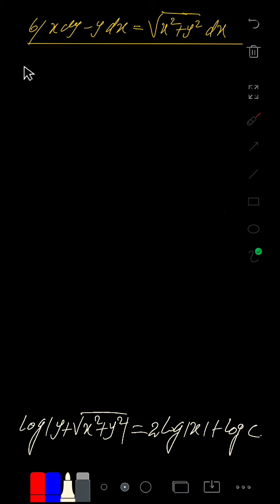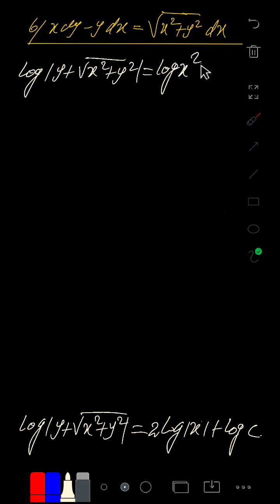Now proceeding from this step, on the left hand side, we have log y plus under root x square plus y square is equal to, this 2 may be written as log x square plus log c.